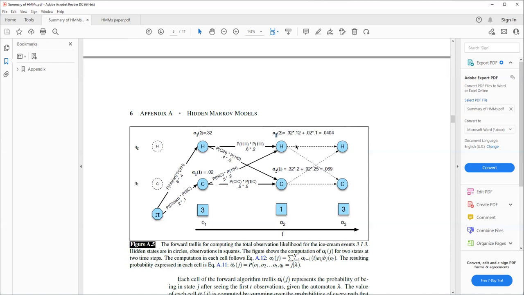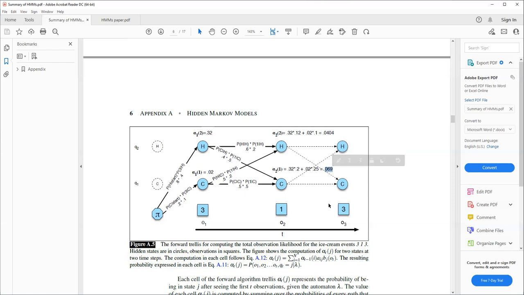So for the second variable, this is the result for hot. Similarly for cold, there are two paths coming in, 0.32 multiplied by 0.4 multiplied by 0.5 plus 0.02 multiplied by 0.5 multiplied by 0.5, right? So this is going to be 0.32 multiplied by 0.2 plus 0.02 multiplied by 0.25. And this again comes out to be 0.069.